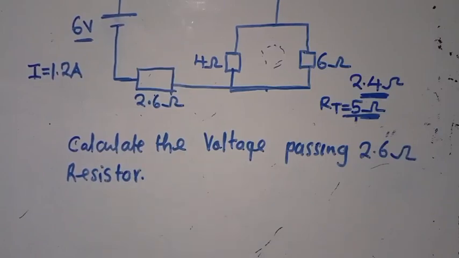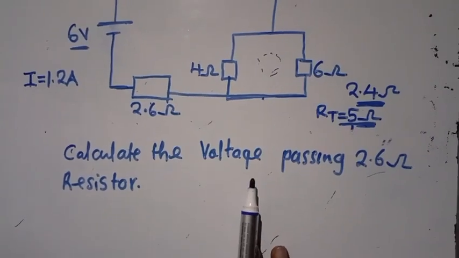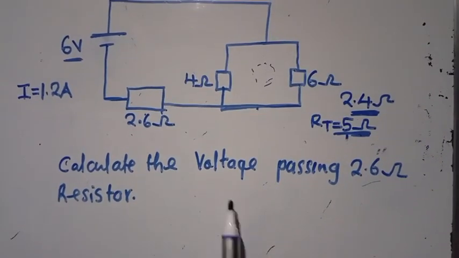So we want to calculate the voltage that is passing through the 6 ohm resistor. How can you find it?